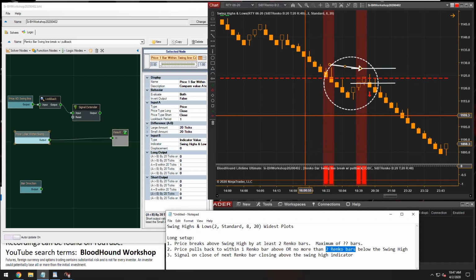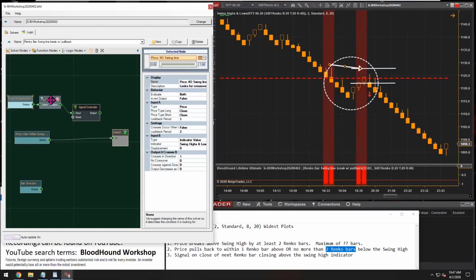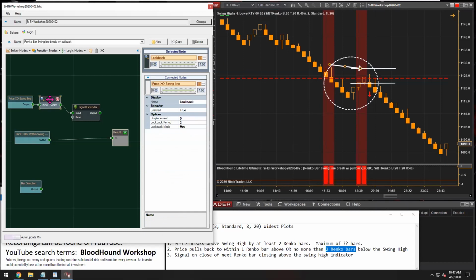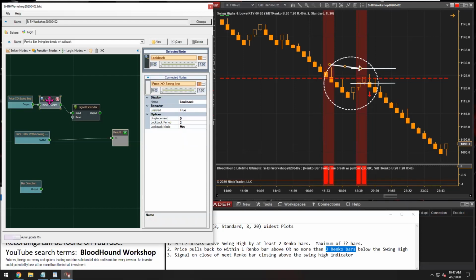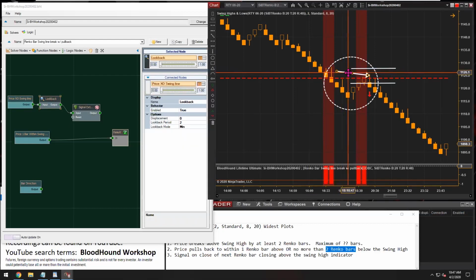So let's see here. I'm going to basically recreate this same setup here. So I'm going to write a crossover solver again with a look back node, to make sure that we don't get 3 bars going past.